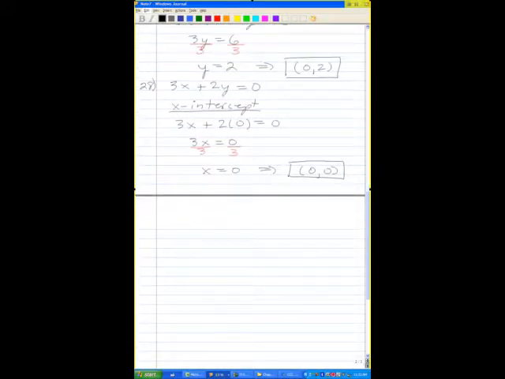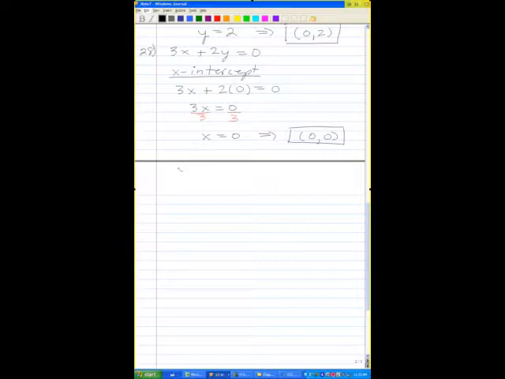I can find my y-intercept by setting x equal to 0 and solving for y. 3 times 0 is 0, 0 plus 2y is just 2y. So 2y is equal to 0.